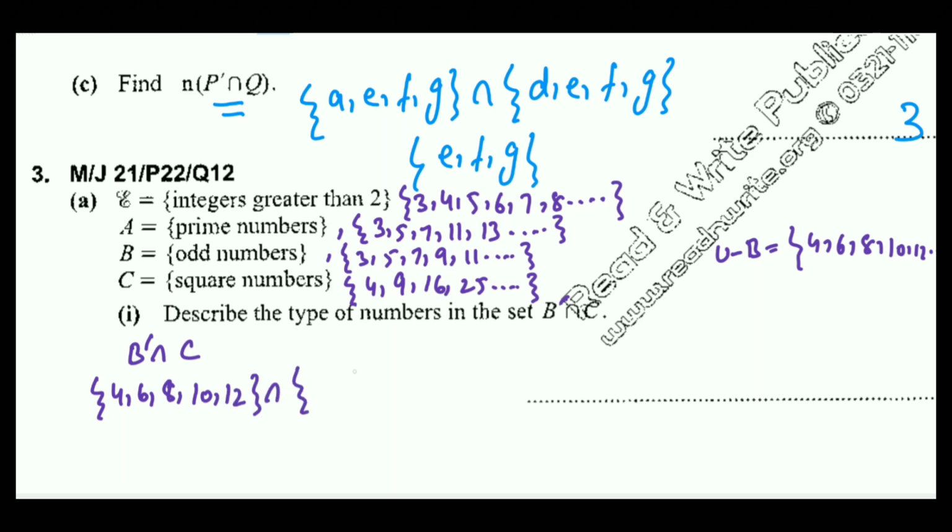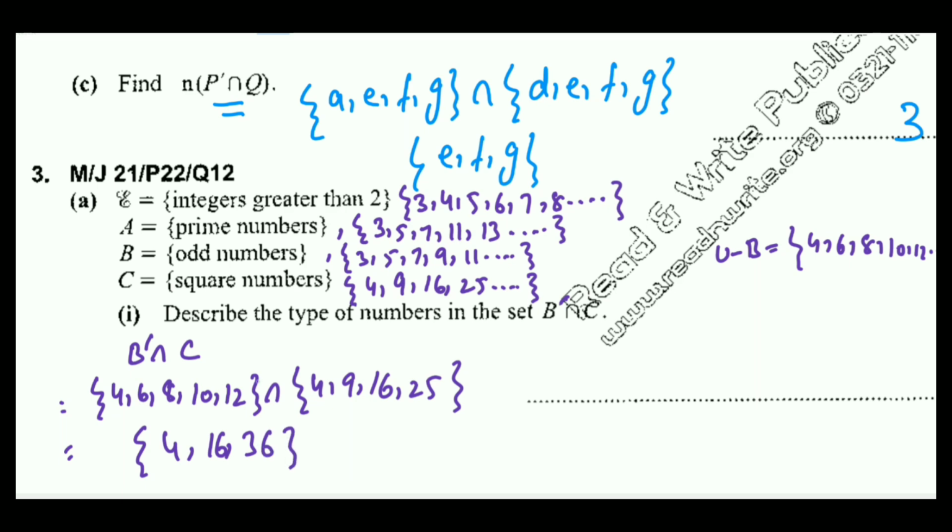Okay. So 4, 6, 8, 10, 12. Intersection C. C set is 4, 9, 16, 25. So how do we find the intersection of these two sets? Common numbers from these two sets are 4, 16, 36.